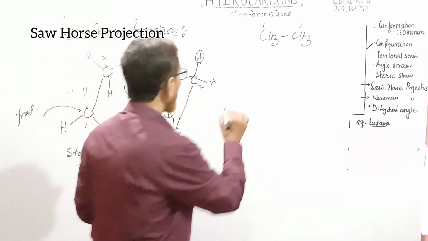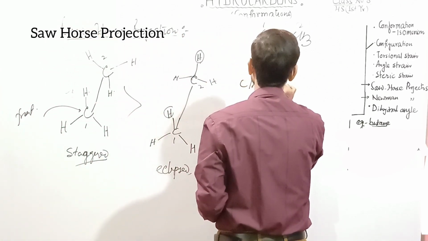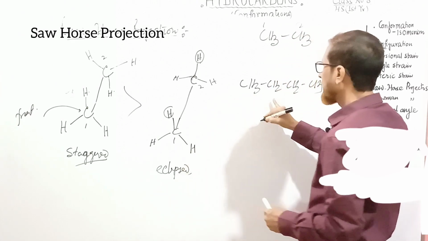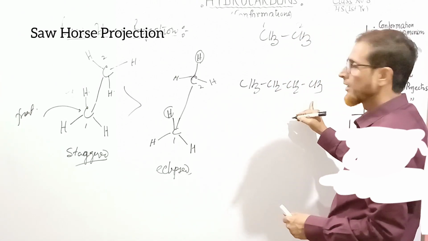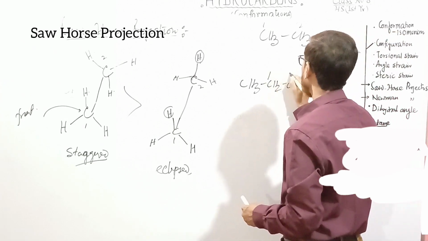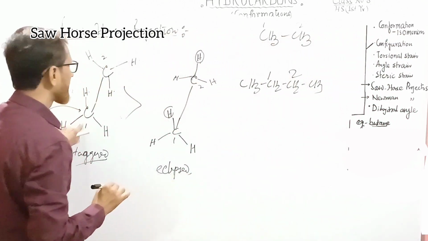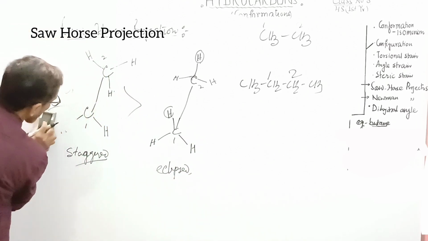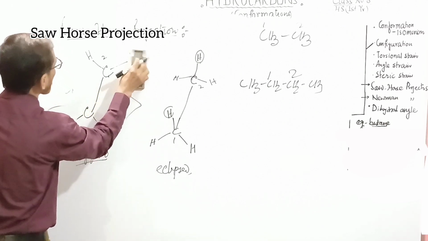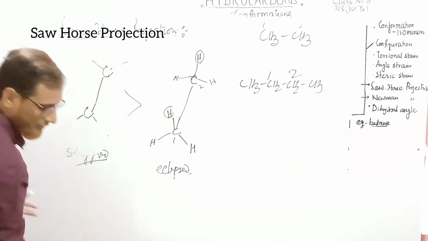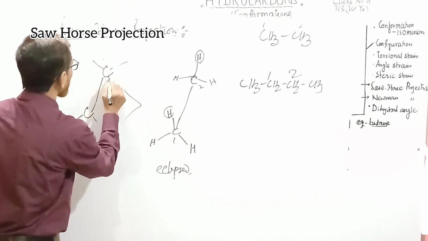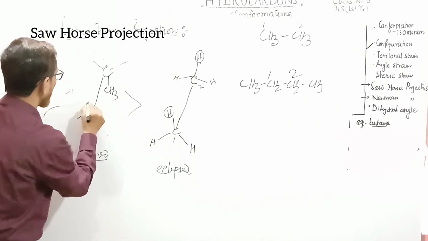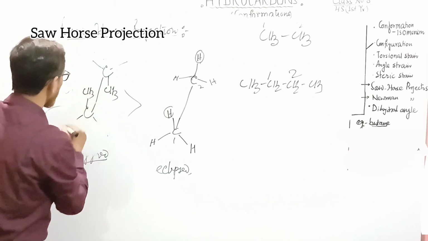In the same way you can do this with CH3 CH2 CH2 CH3. Am I right? If you take the example of butane, here also carbon 1 and carbon 2. Here you write CH3 and here CH3.